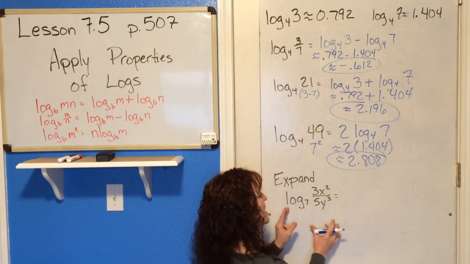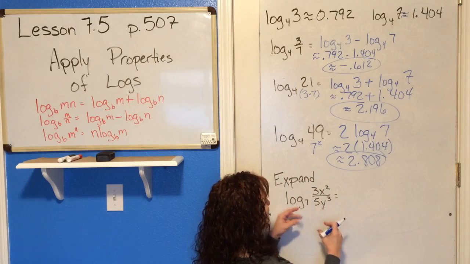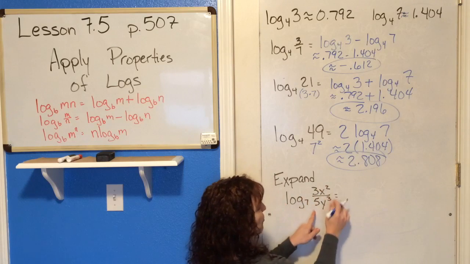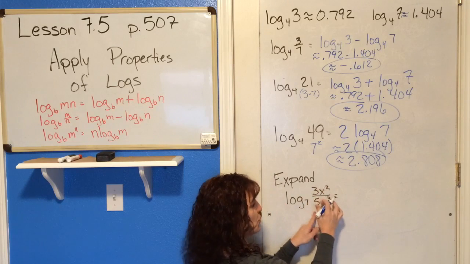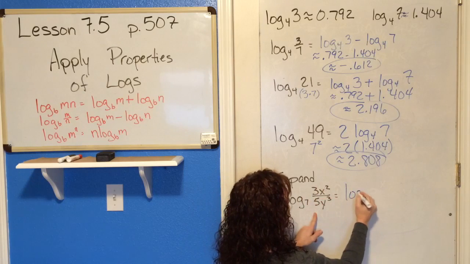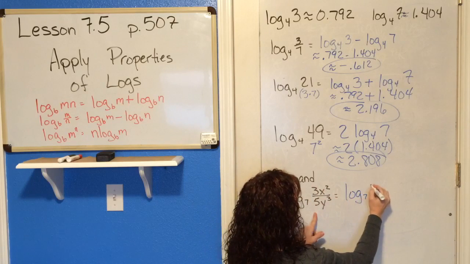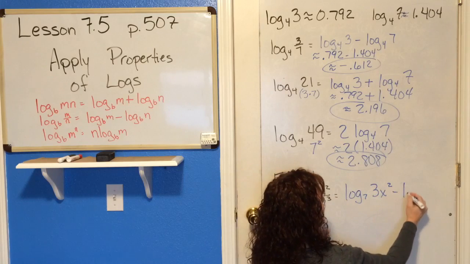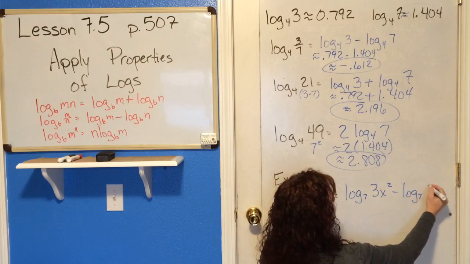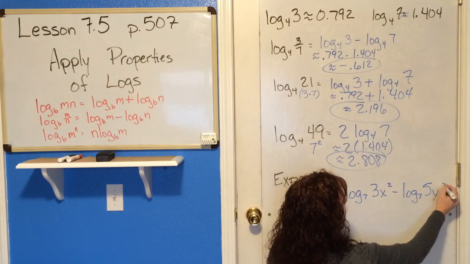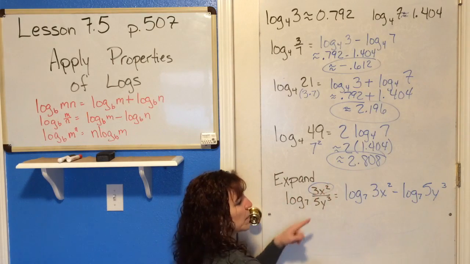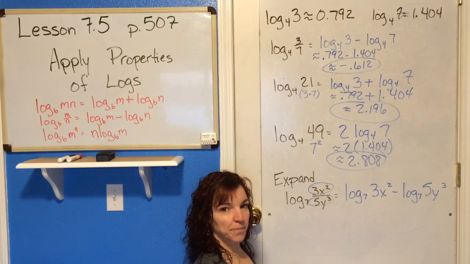So first I see, ooh, it's a division problem. So it's going to be log of 3x squared minus log of 5y cubed. Do you see where I got that step? So log of the numerator minus the log of the denominator.